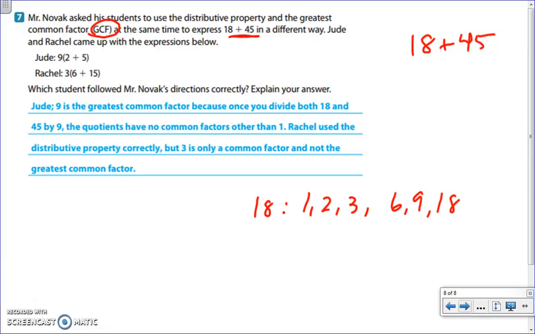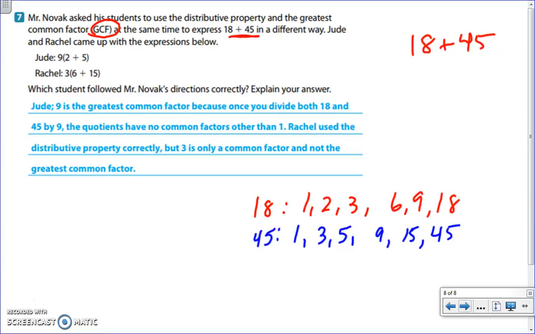So those are my factors of 18 and my factors of 45. 1 times 45, 2 doesn't work, 3 times 15, 4 doesn't work, 5 times 9, 6 doesn't work, 7 doesn't work, 8 doesn't work, 9's on our list already, so those are our factors of 45.